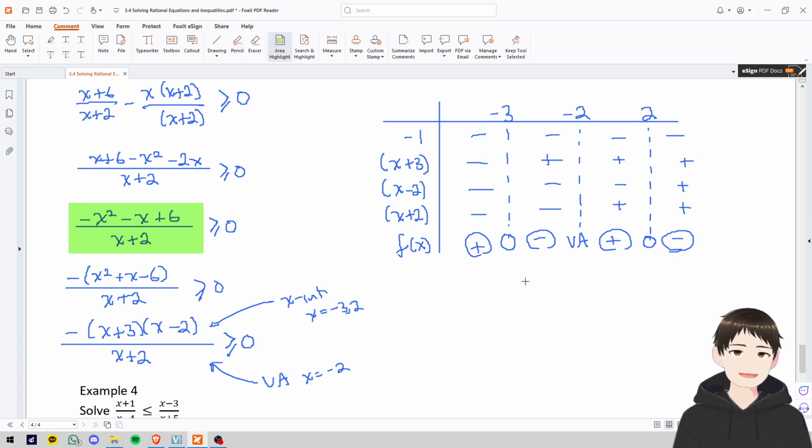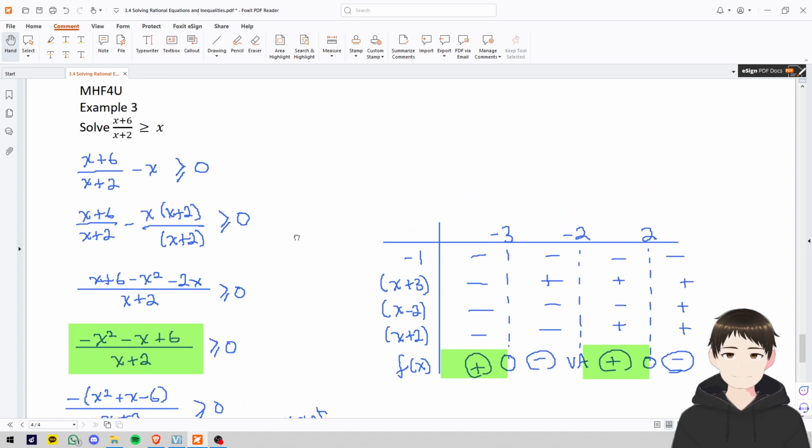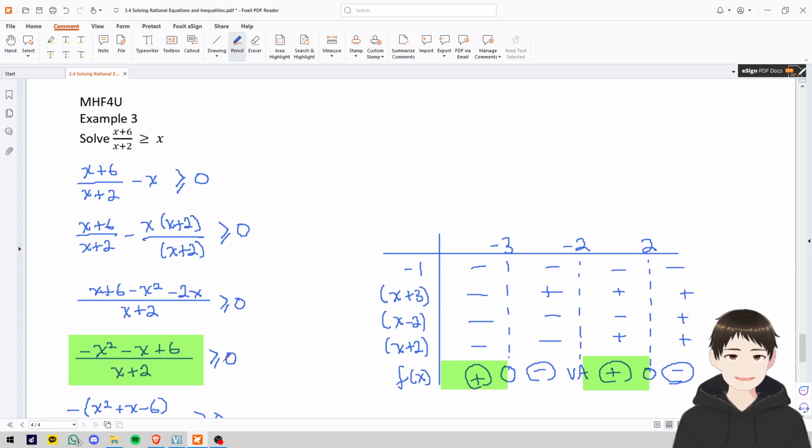So assuming my calculations are correct, and you know that they often are not, here's a positive, and here's a positive. These intervals are when this green function is greater than or equal to 0, which means those x values are also when this function is greater than that function.